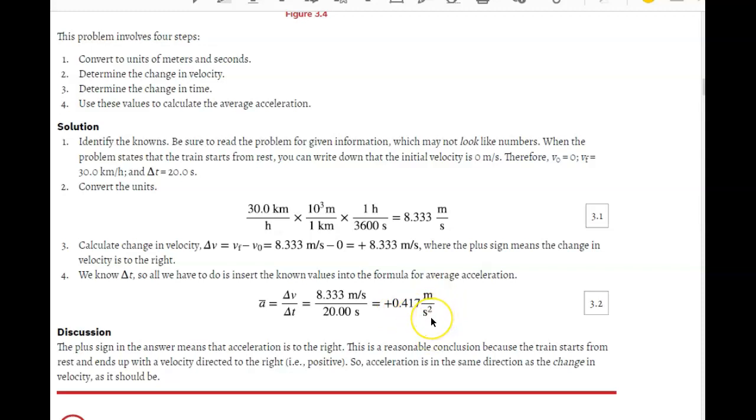That's the biggest sign here. Acceleration is meters per second squared, because change in velocity was meters per second, and now we're dividing it again by time, so it becomes meters per second squared.